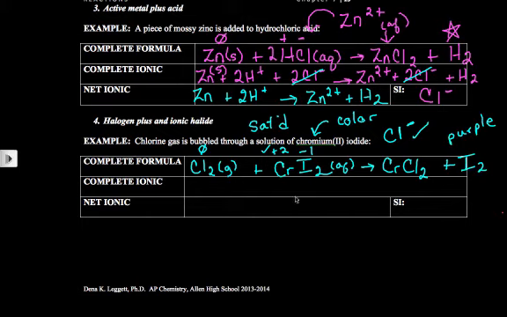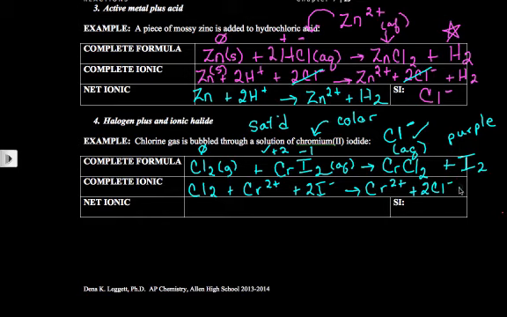And if I dissociated this, I'm going to get Cl2 plus Cr2+ plus 2 iodides, go to Cr2+. Absent of any more information, I'm going to make the assumption that's aqueous for you.